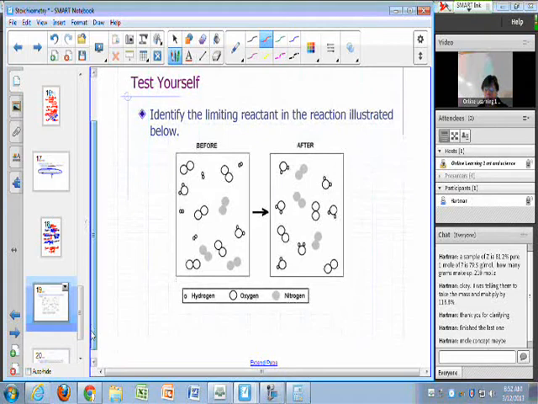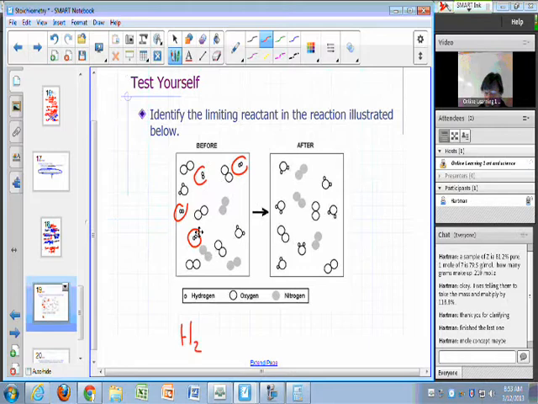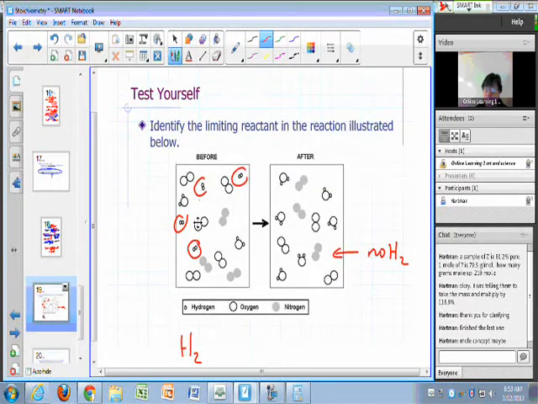Okay, so here's a pictorial representation of a reaction. Let's see if you can identify the limiting reactant here. First of all, what's this reaction? You've got H2, 1, 2, 3, 4 H2s on the left. And on the right, how many H2s do you have? You have no H2 here, right? And what else do we have? You have oxygen.